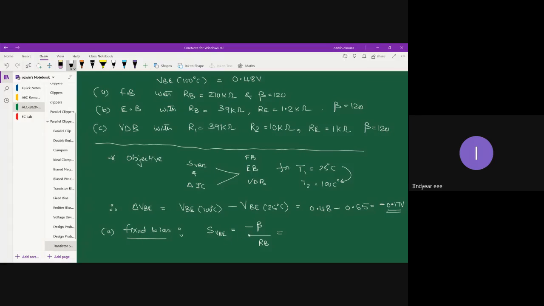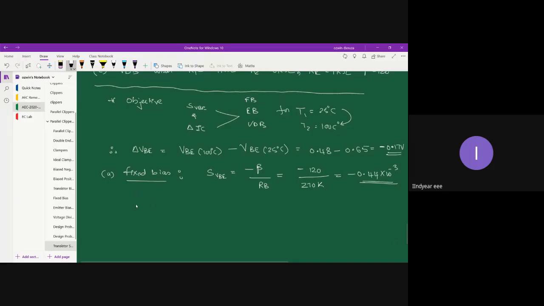So SVB for a fixed bias circuit is minus beta divided by RB. That is minus 120, because beta is given as 120, divided by RB. What is RB? 270 kilo ohm. So that gives the value as minus 0.44 into 10 to the power minus 3.